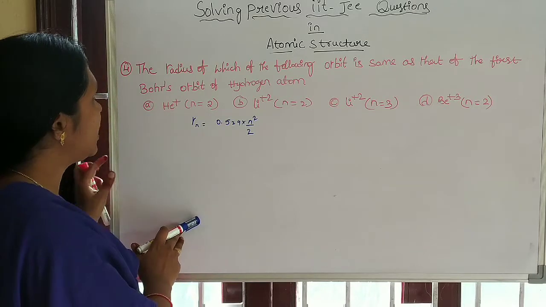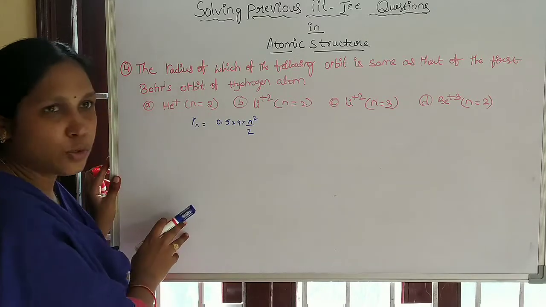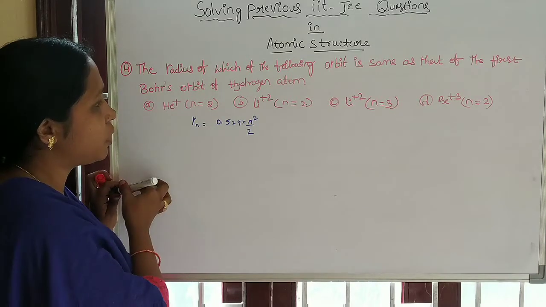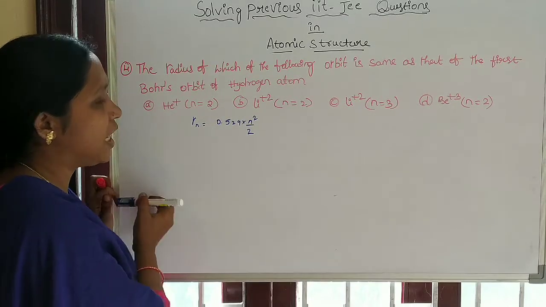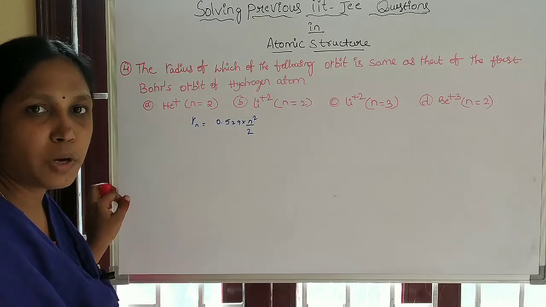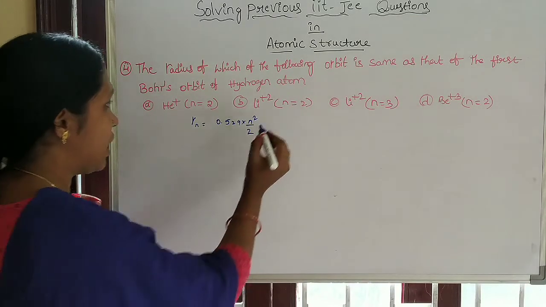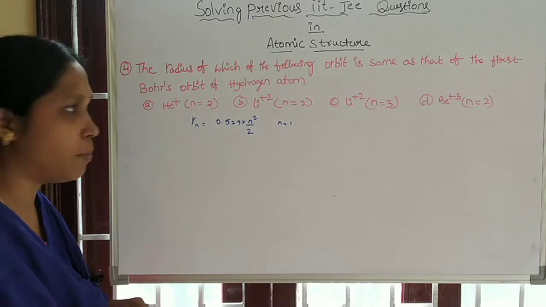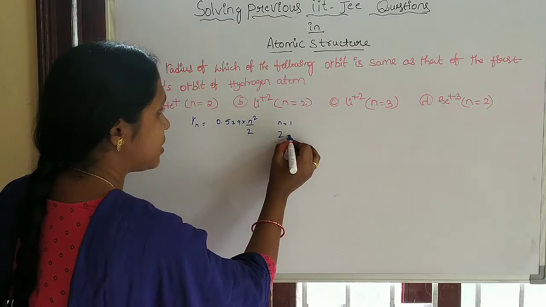Here, what is it? The radius of the first orbit of hydrogen atom. So the radius of the first orbit of hydrogen atom means the electron is present in the first orbit, which means the n value is 1. And hydrogen has atomic number Z equal to 1.